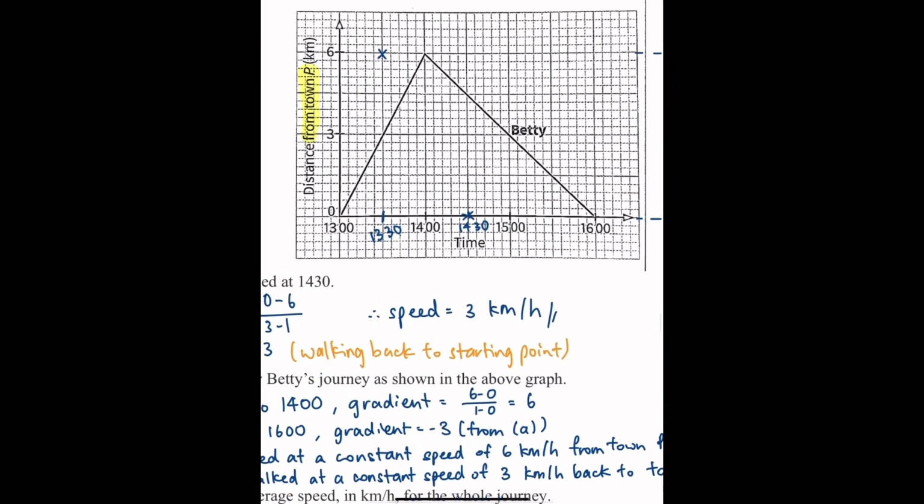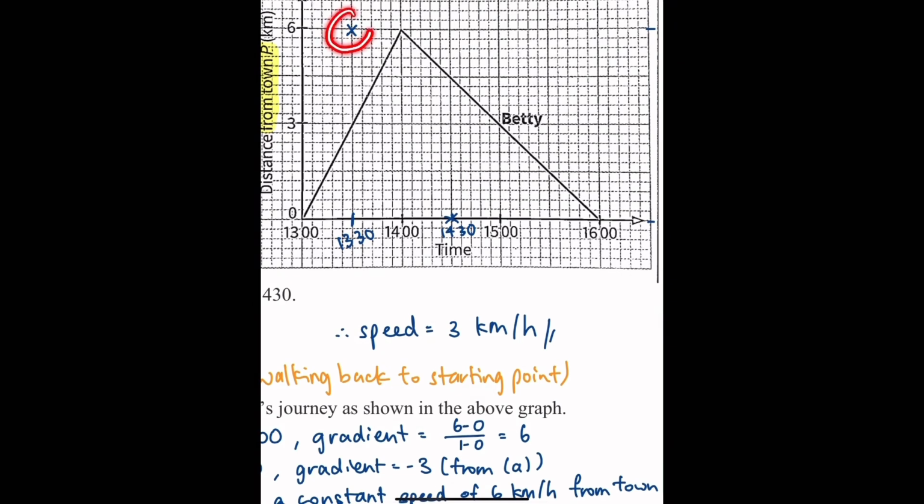He reached town P 1 hour later. So I can plot a point here, 13:30, 6 kilometers away from town P, which is town Q. And at 14:30, he reaches town P. I can connect these two points together to form the line, and then I'll label this line as D part 2 Jackie's line. So that's how you do D part 2.